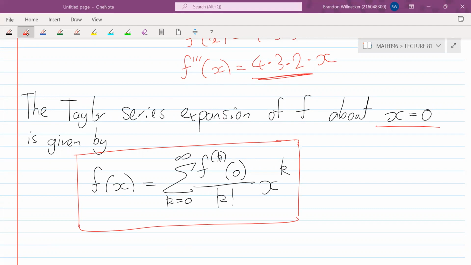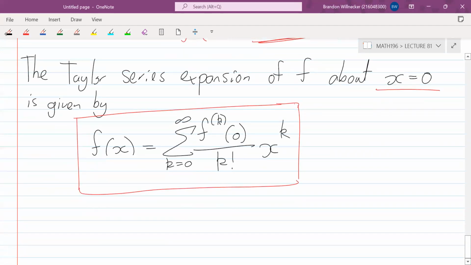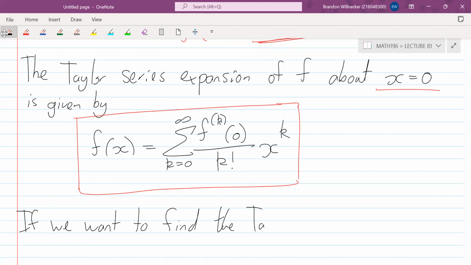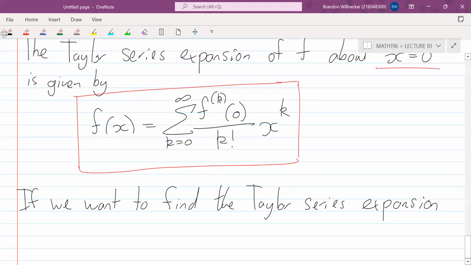Now, if we wanted to do the Taylor series expansion around a different point, we would just need to shift everything over to that point. So if we want to find the Taylor series expansion around, let's say, x equals p, then we shift to that point.